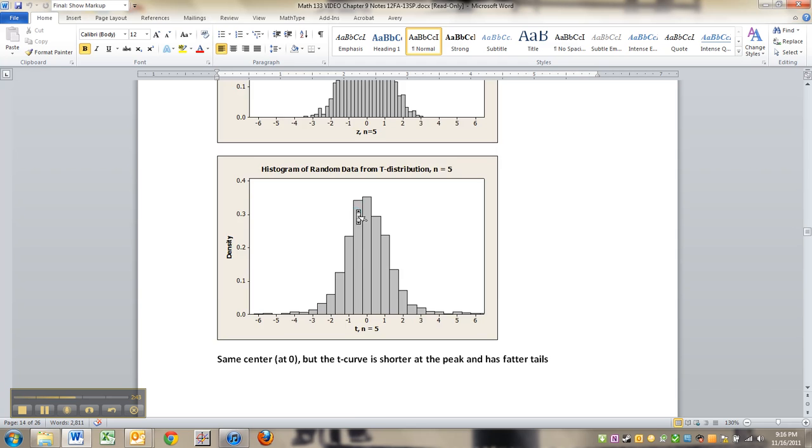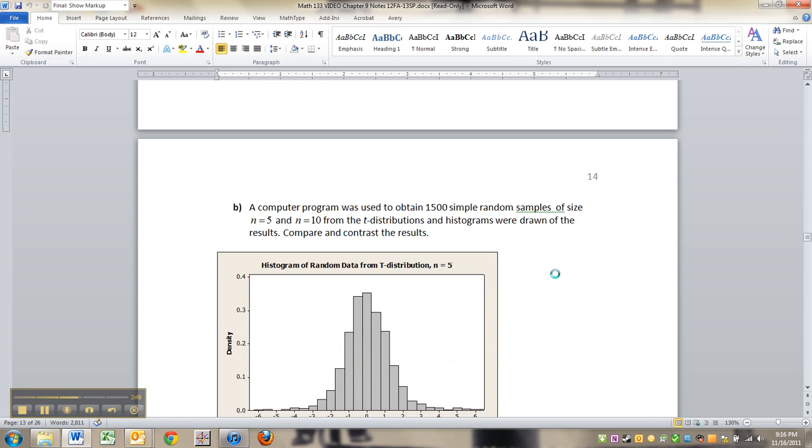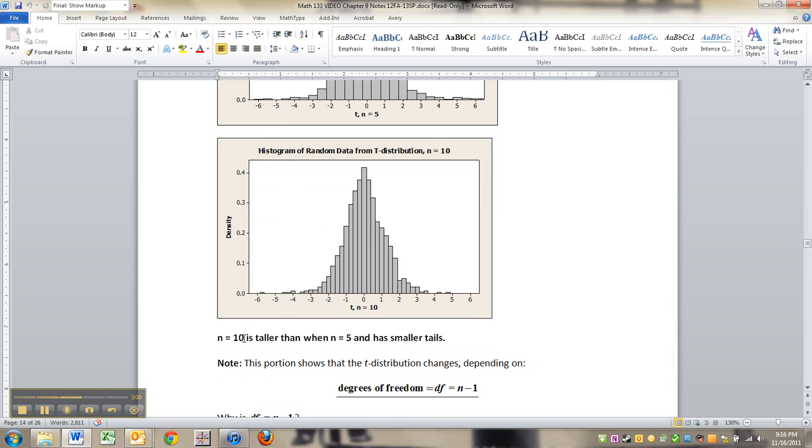It's not as tall as the normal curve one. The normal curve one's still got more going on around here at the top. But when n is 10, it's taller, closer to 0.4, which is where the other one goes. And then you have a lot less in these tails. Look, over at the 5 and the 6, you don't have a lot there. So when n is 10, it's taller than when n is 5, and it has smaller tails.